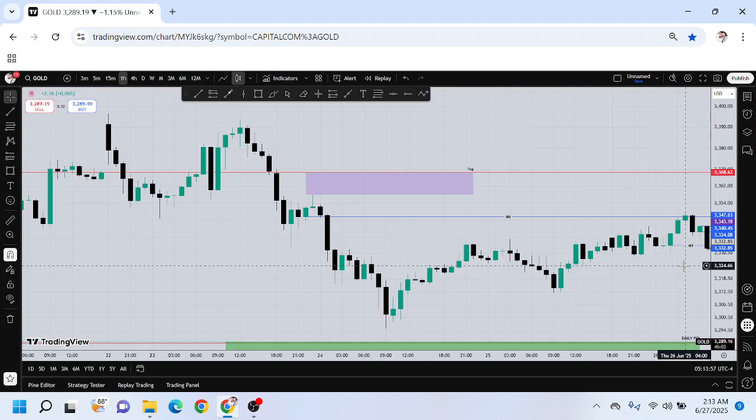Because like I told you, I only trade high probability. So meaning if I get a setup, I have to wait for confirmation before I get into the market. So seeing this is a no-no.